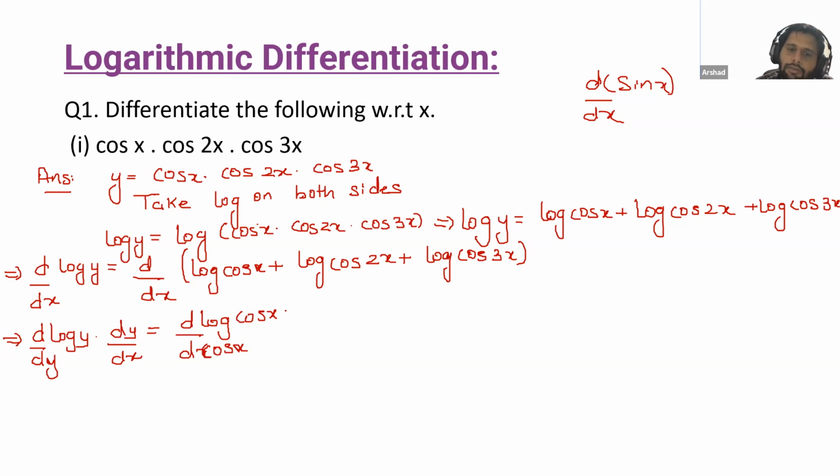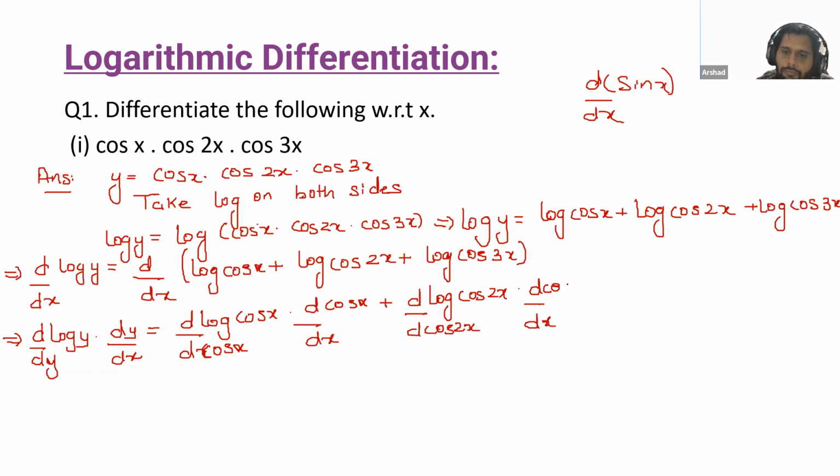So cos x, then cos x with respect to x, plus the derivative of log cos 2x with respect to cos 2x, then cos 2x with respect to x. This can't be differentiated like this.